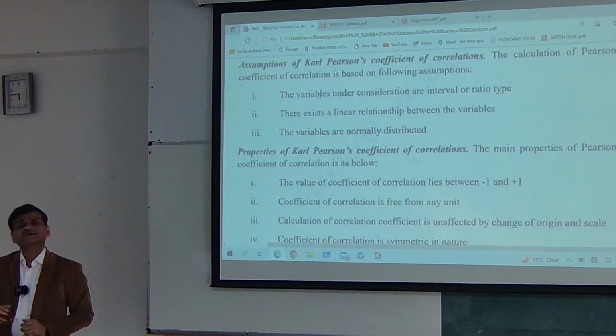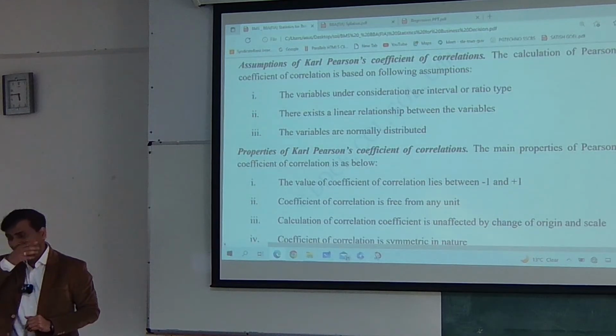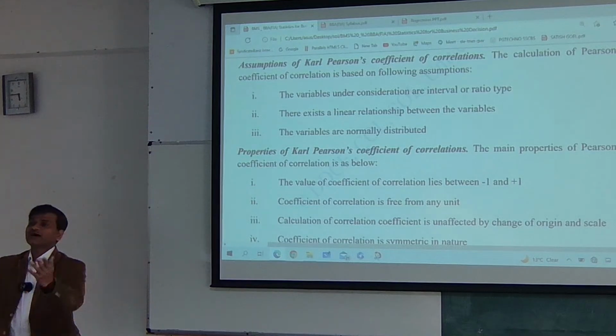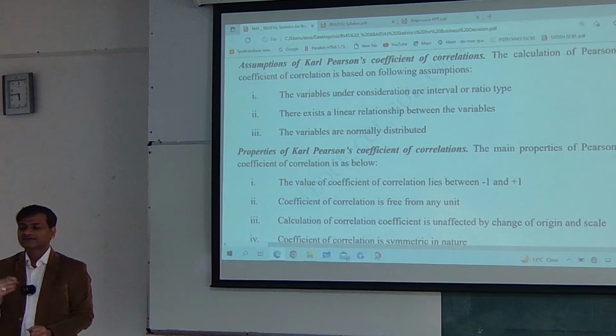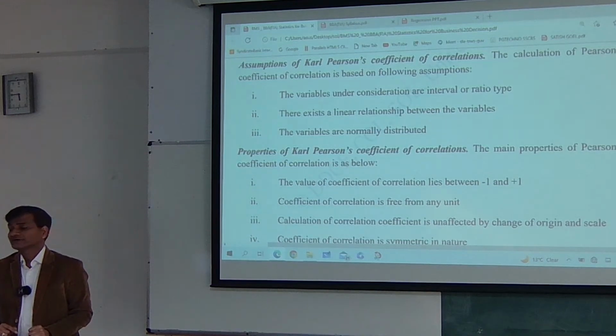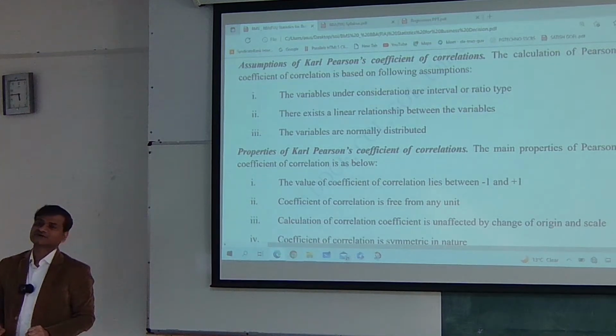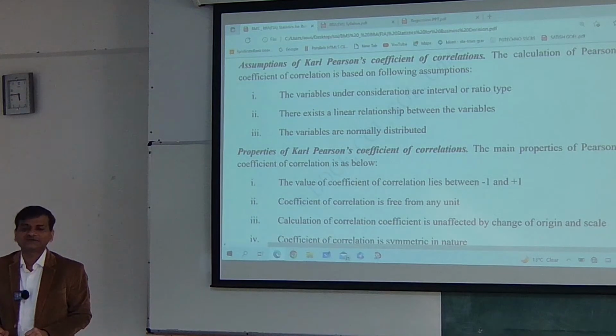Further, there are some assumptions for this correlation coefficient. When you have your data, the variables must be of interval scale or ratio scale. I hope you have gone through this in unit 1. There are 4 kinds of data: nominal, ordinal, ratio, and interval scale data.